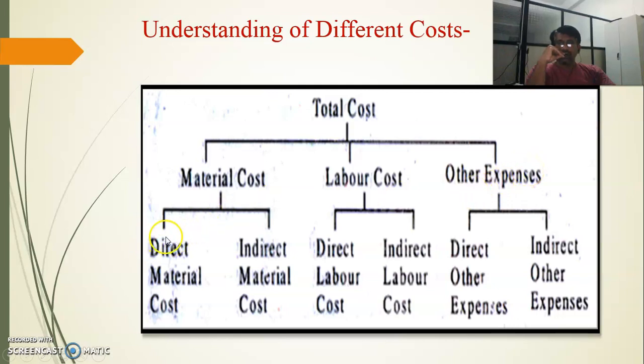where the fixed cost is the element in which the direct material cost comes, in which the plant and the machinery cost will be there.